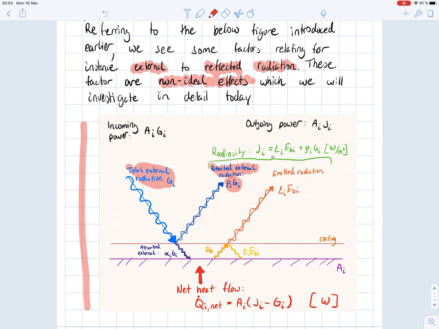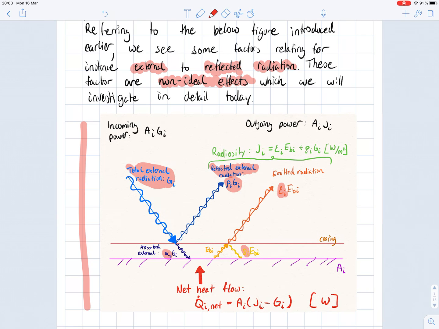The additional effects or factors we'll be looking at is this emissivity epsilon I and the so-called absorptivity alpha I that we have here. And we should also take note that we have a reflectivity here as well, which is the same for both radiation leaving the system and being emitted towards the surface.